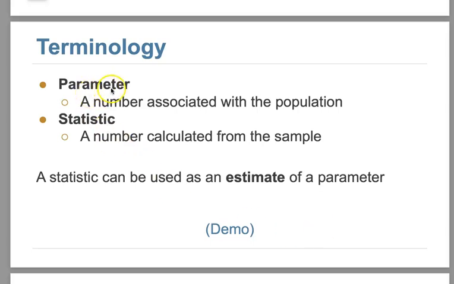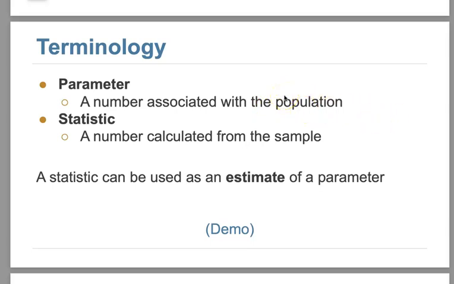The first one is parameter, a number associated with the population. Here the population is all DVC students, and the number associated with them is the average sleep hours.